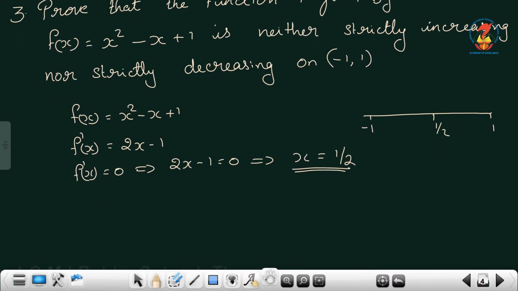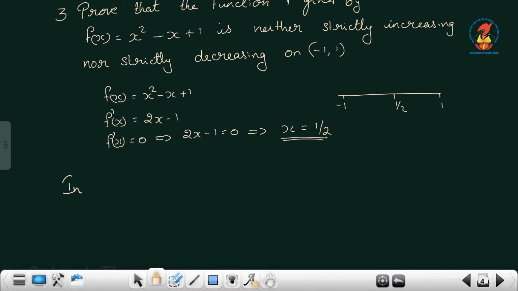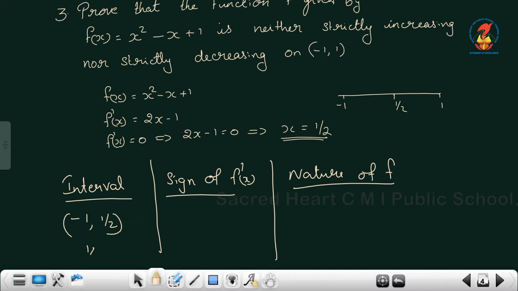Then intervals. Which are the two intervals? Interval, sign of f dash x and nature of f. So first interval minus 1 to half, then half to 1.